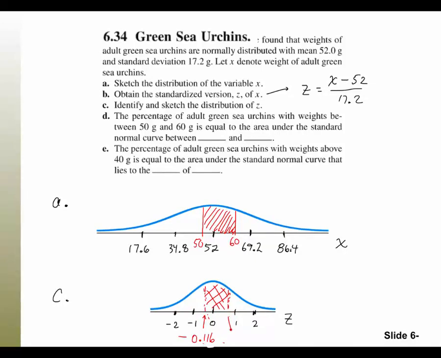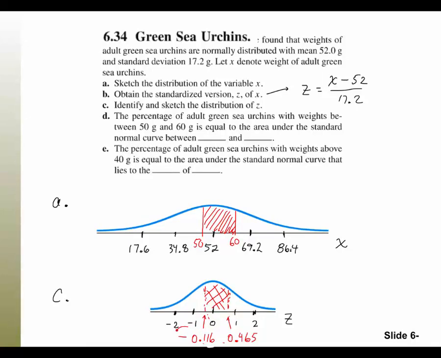And then what'd you get for this one? You're going to put 60 in here. Okay, so the area between 50 and 60 on the normal curve for our distribution is the same as the area between -0.116 and 0.465 on the standard normal distribution.